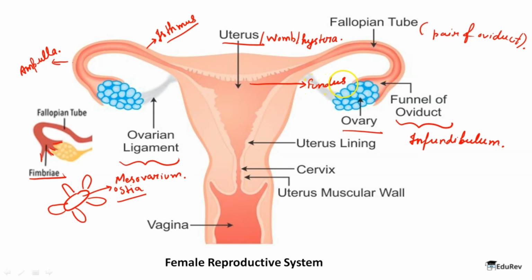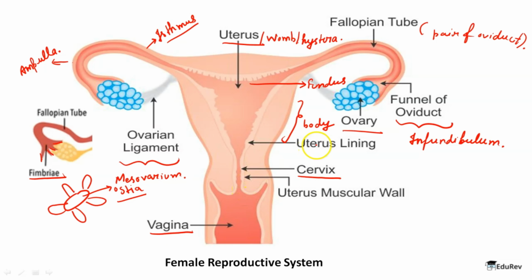This is our fundus part. Now from fundus, the major part of the uterus is known as body. This all is the uterus body. Now after that, narrow part comes, which is known as cervix. After the cervix, we have vagina.